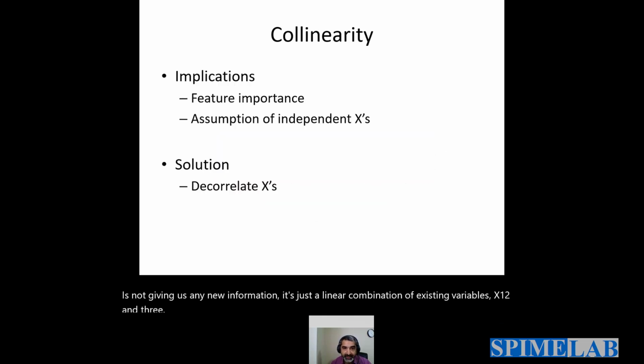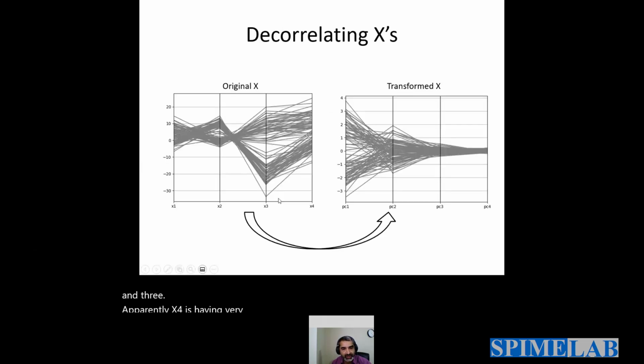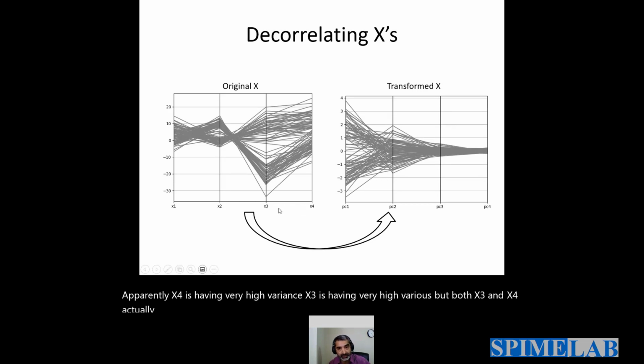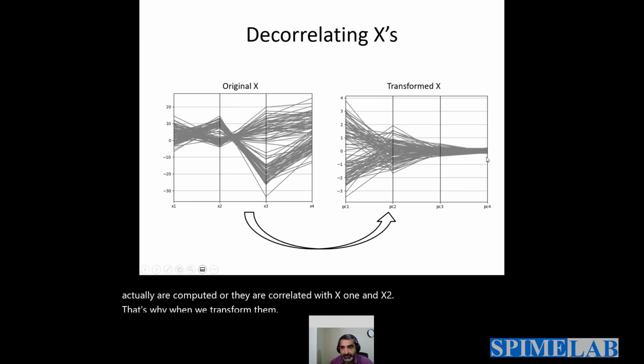So apparently X4 is having very high variance, X3 is having very high variance, but both X3 and X4 actually are computed, or they are correlated with X1 and X2. That's why when we transform them, the actual variance in those variables is very little. So you got the gist of it.